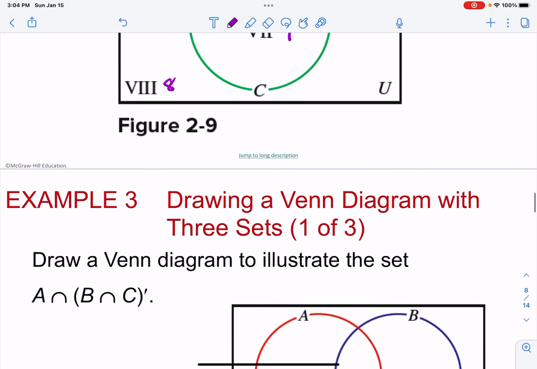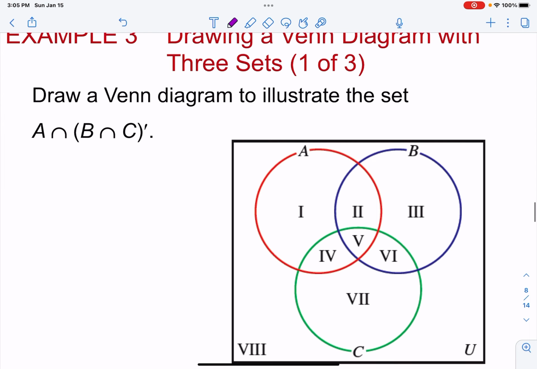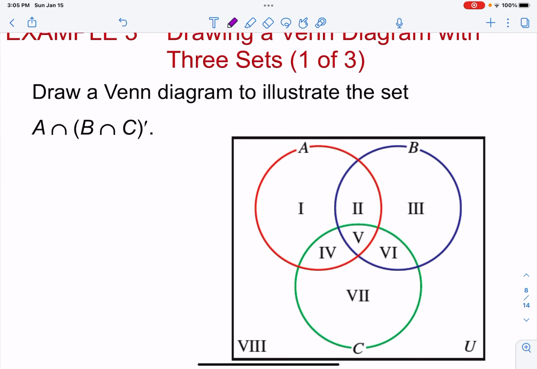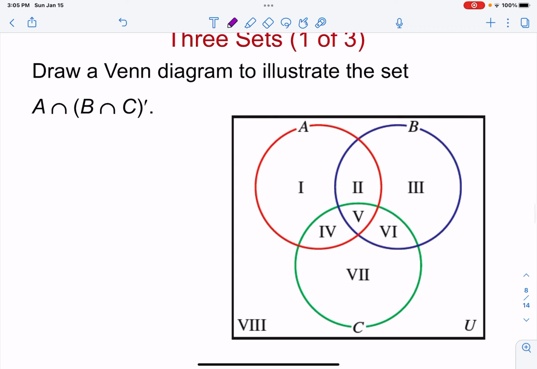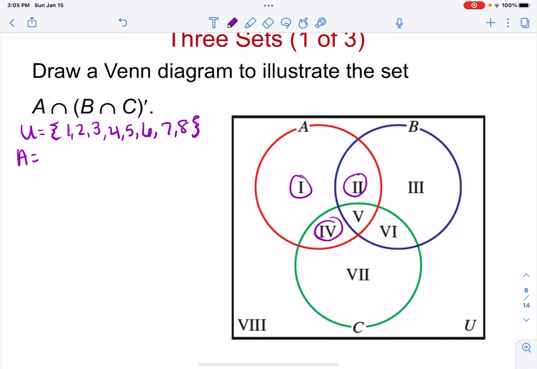Example 3, we're going to do A intersection B intersection C not. All right, so again, start with your universal set: 1, 2, 3, 4, 5, 6, 7, and 8. Set A has 1, 2, 4, and 5 in it.